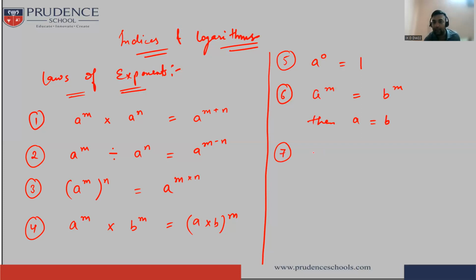And similarly, if a raised to power m is equal to a raised to power n, then m will be equal to n. If the bases are the same, then the powers will be equal if they both are in equality, right? So these are the laws of exponents, and based on these we will do some questions.